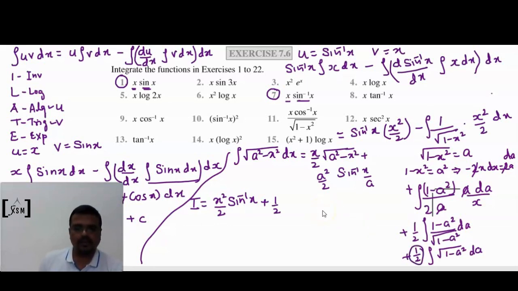right? And a is the variable, so it is nothing but a over 2 times the square root of 1 minus a square, plus 1 over 2 sin inverse a, and then we'll replace back our supposed value for a.